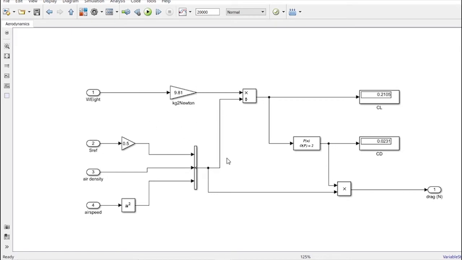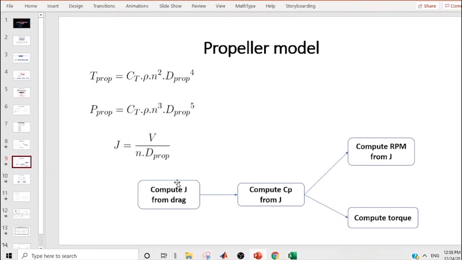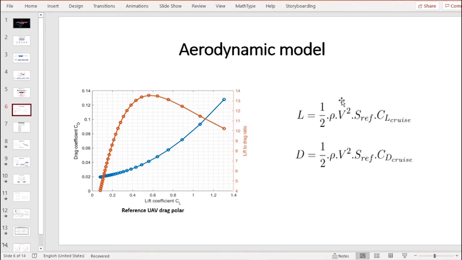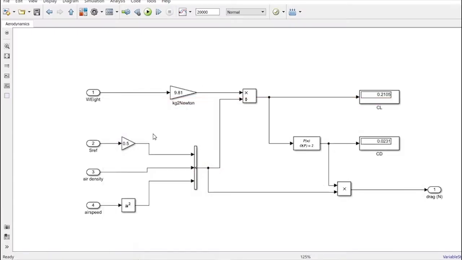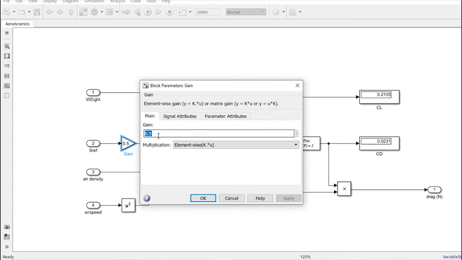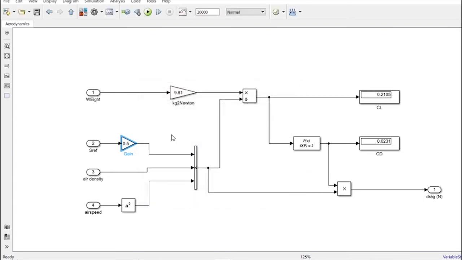For the aerodynamic block, we mainly looked at these 2 equations, which have to be now modeled in Simulink. To model the lift coefficient, we essentially divide the weight by the density, the square of the velocity, and the reference surface area, and I also use a gain block to add the additional 0.5 multiplicative value.